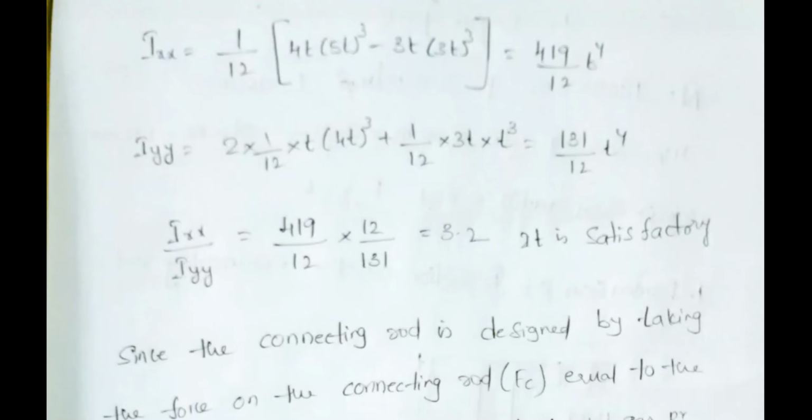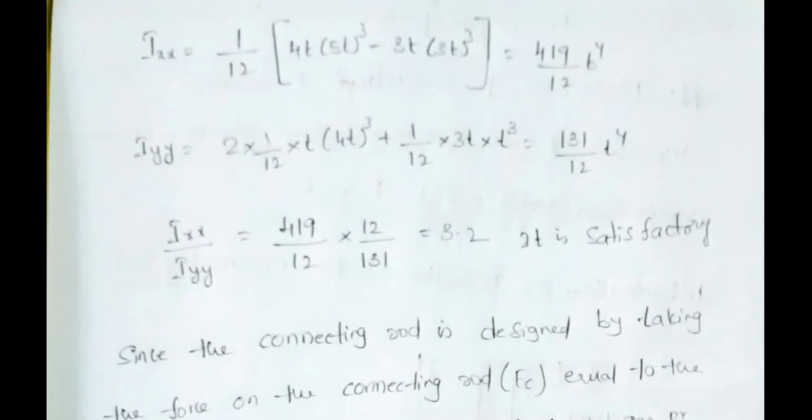These values are obtained based on the standard proportions I have already mentioned. Based on those dimensions, these values are obtained by applying the principle of moment of inertia about the x-axis and y-axis.